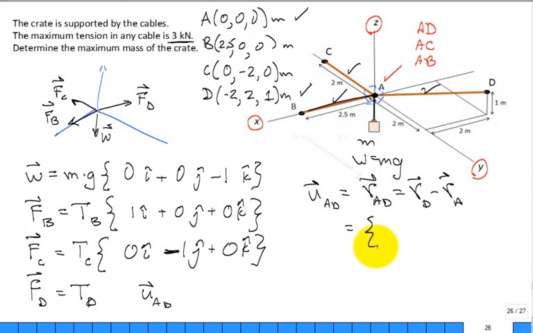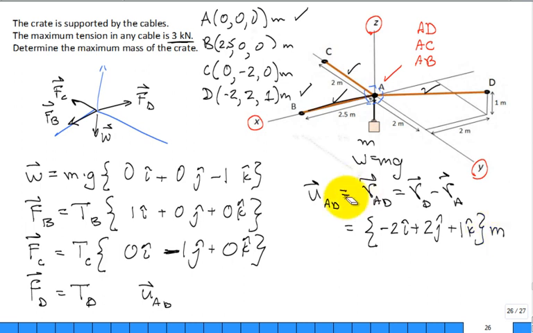It just says, you need to move -2 meters in the I. You need to move +2 meters in the J. That's as a plus, not a comma. And you need to move 1 meter up in the K.